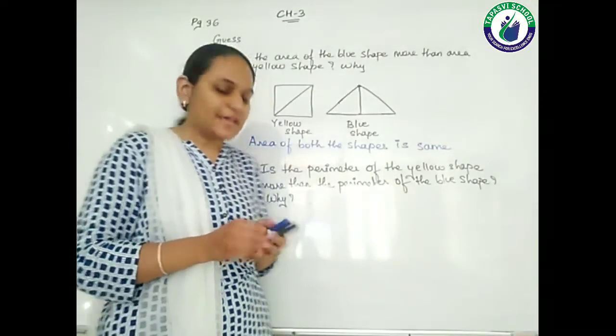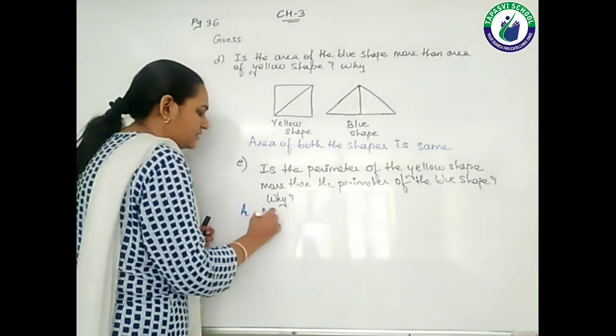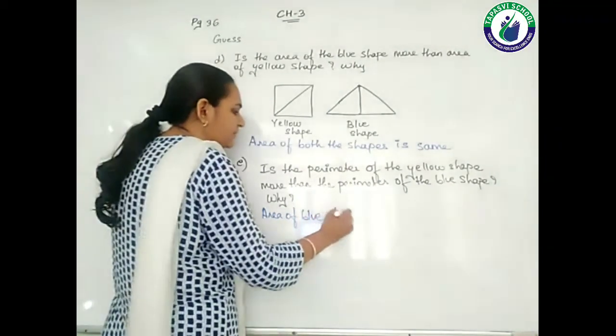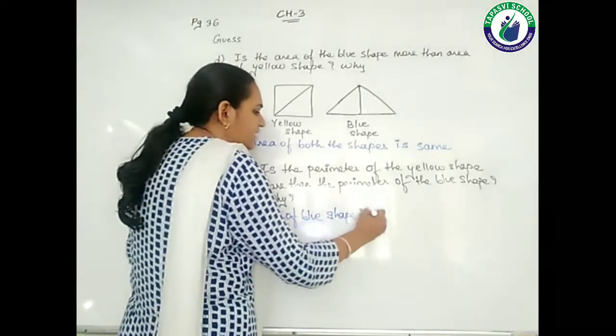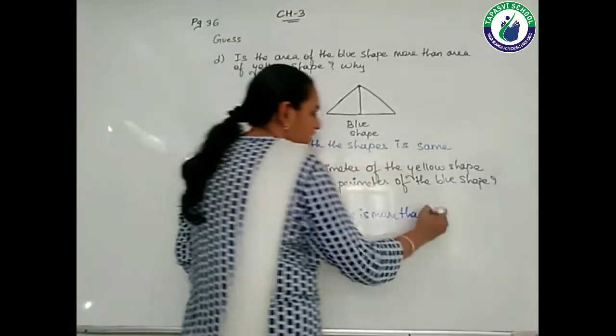So here I am writing the answer, students. Area of blue shape is more than yellow shape.